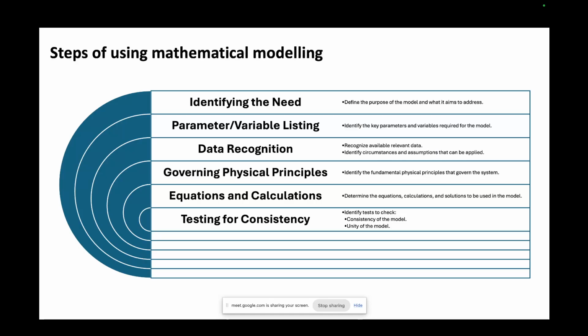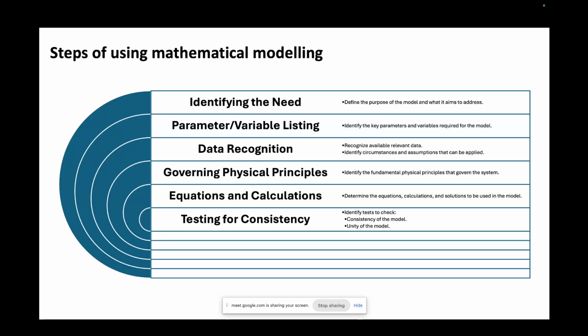After that come different caveats of the model. For example, parameter or variable listing, identifying key parameters and variables required for the model. Then you identify available relevant data which can help you validate the assumptions of your model, and identify circumstances and assumptions that can be applied as well. After that, another very important step is governing physical principles.